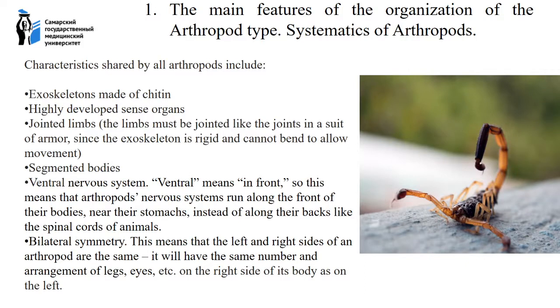Bilateral symmetry. This means that the left and right sides of an arthropod are the same. It will have the same number and arrangement of legs and eyes on the right side of its body as on the left.